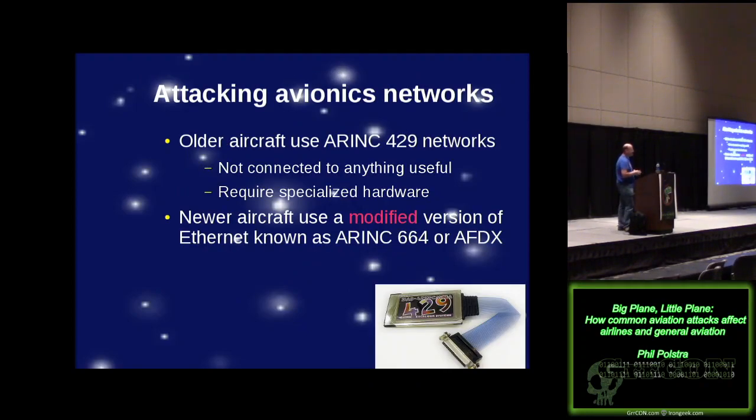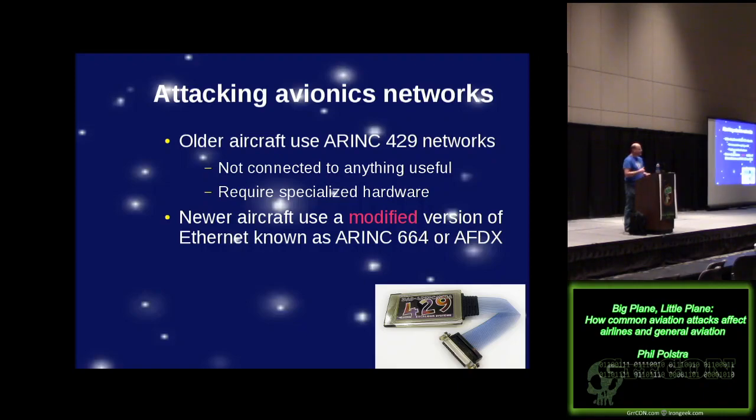Okay. So, talking a little bit about some of the bigger airplanes. Some of the big airplanes have really sophisticated systems for the avionics to talk to each other. The older big planes use something called ARINC 429. Right? And that's just a standard for talking between different components.